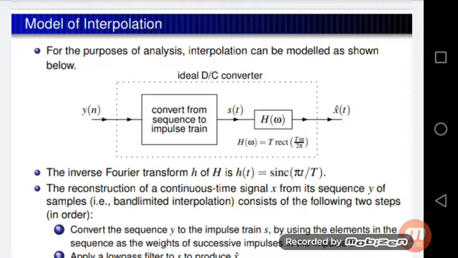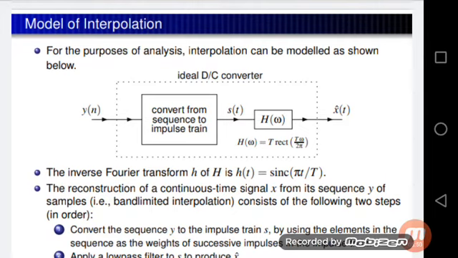And then we observe h of t, which is a function of the interpolation, and convert from sequence to impulse train is a converter which converts the information from one form to another form.